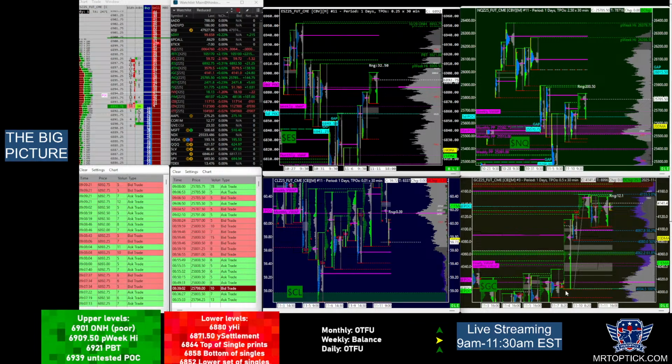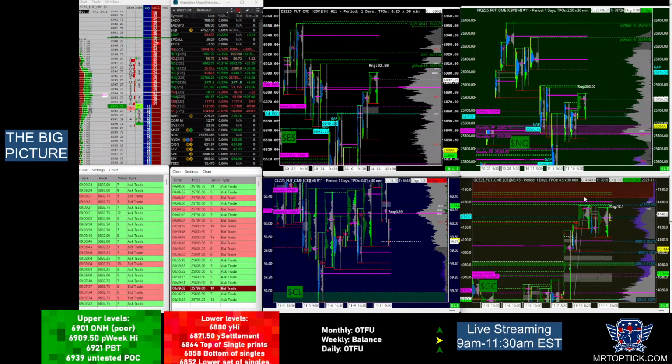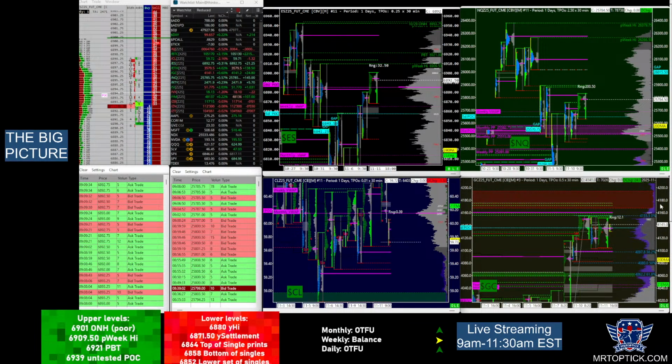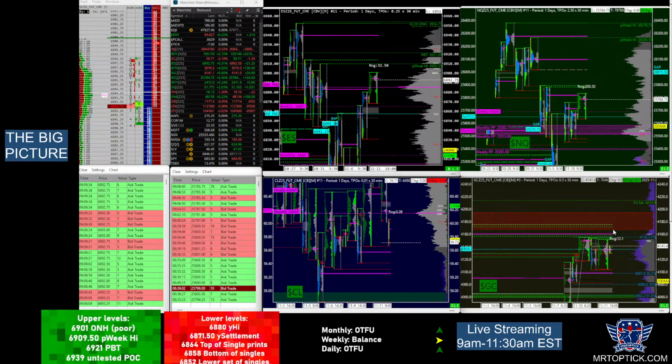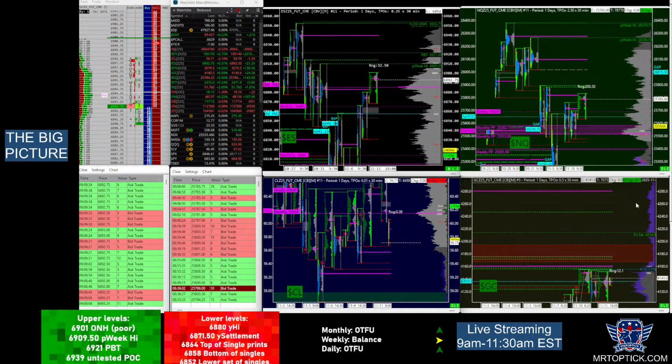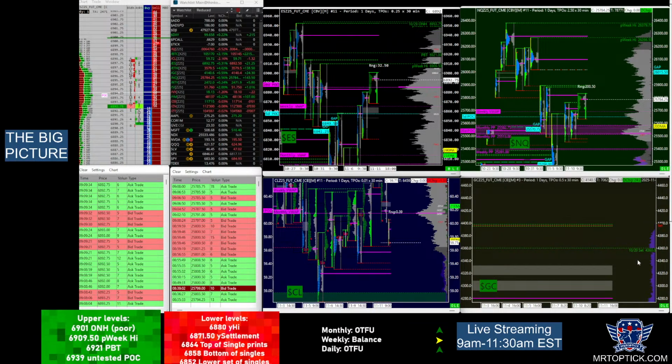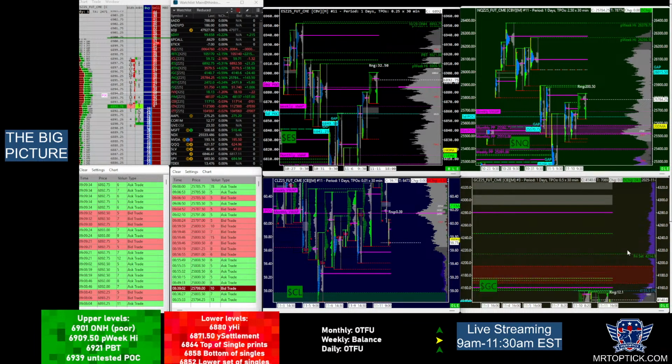Gold. So gold, after breaking above this area, the 40.60, couldn't quite get into this area, but I'm looking for this, like I said yesterday, 41.75-ish for shorts. If we don't get a short there, then it could squeeze and go through all this pretty quickly.